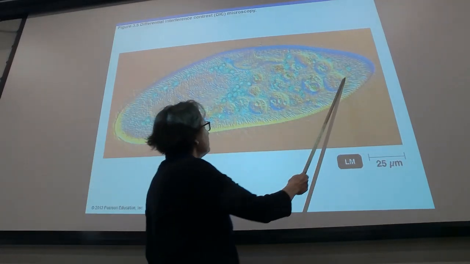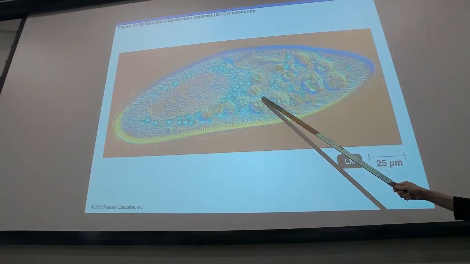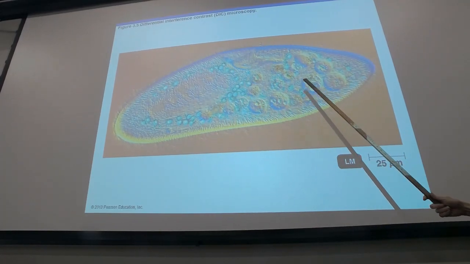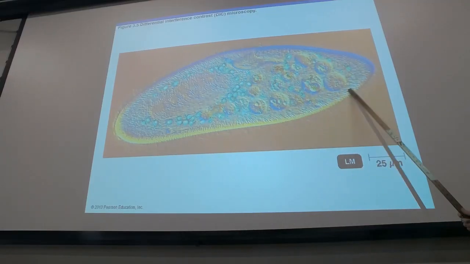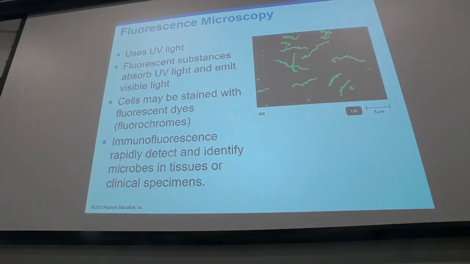So all of this is the cytoplasm, and these round objects are vacuoles. And these are pili that surround the plasma membrane of this protozoan.